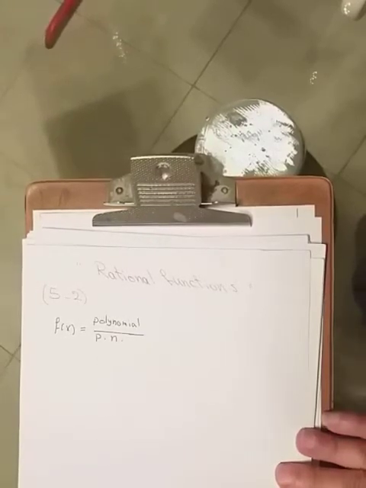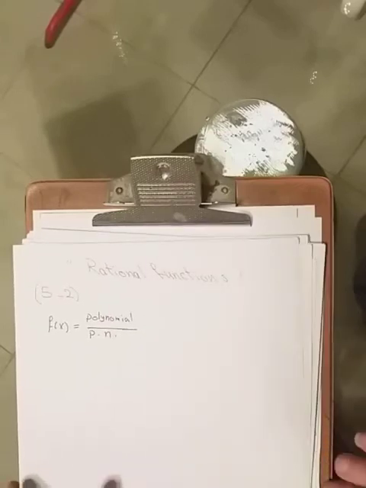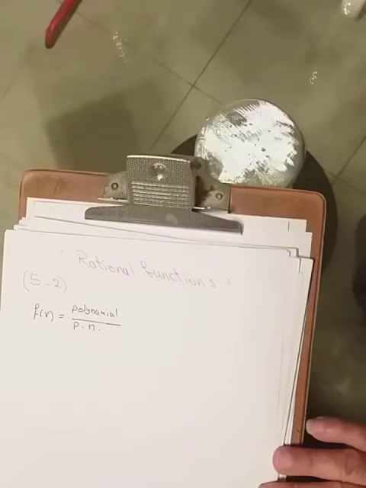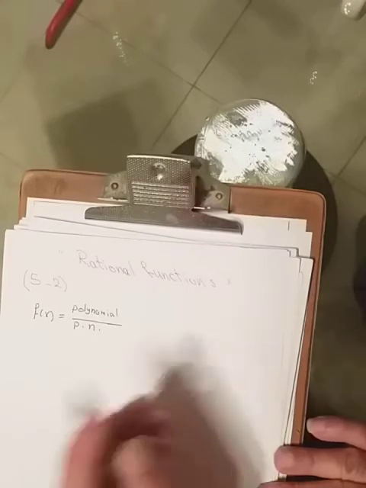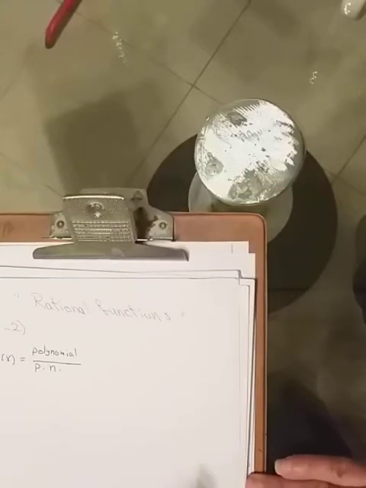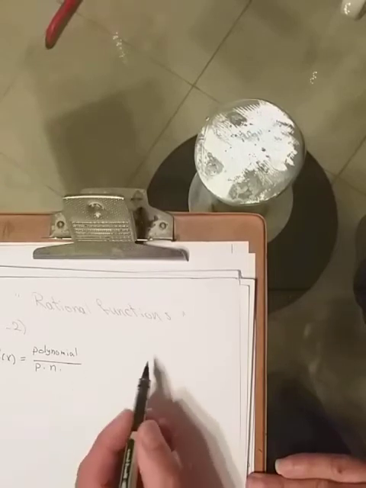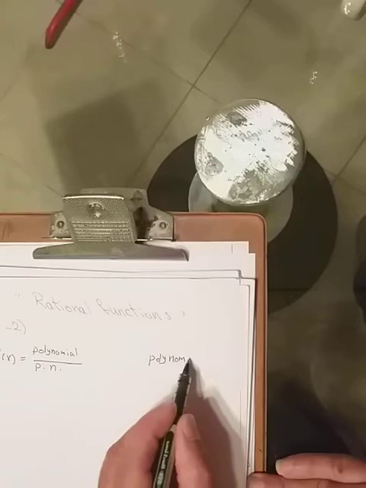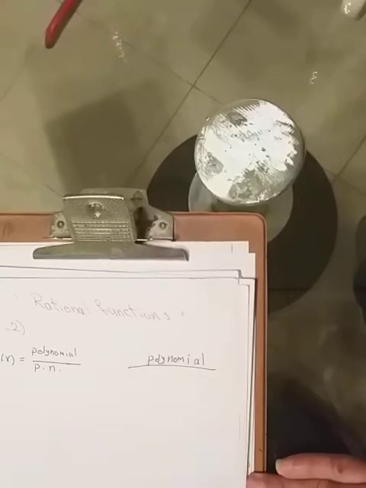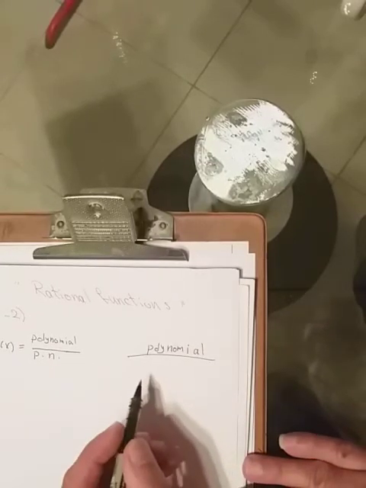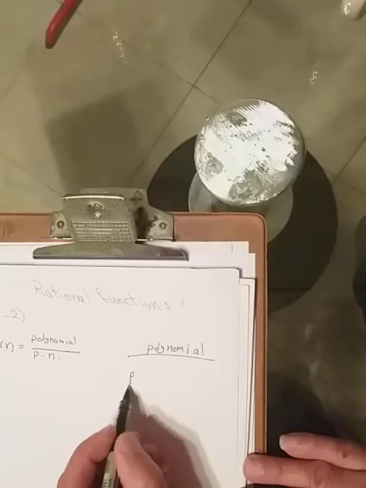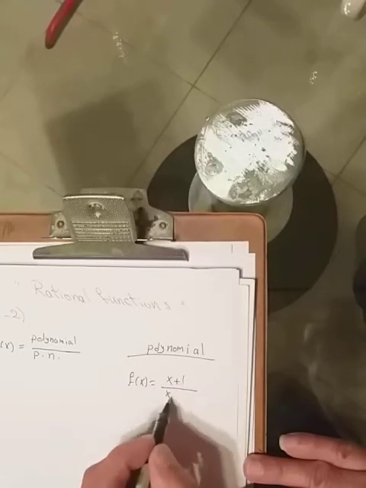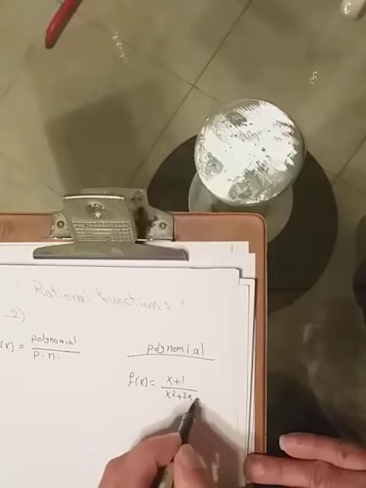You know what polynomial means? We studied that in chapter 3 in term 1, but let me remind you. For example, f of x equals x plus 1 over x squared plus 2x plus 1.